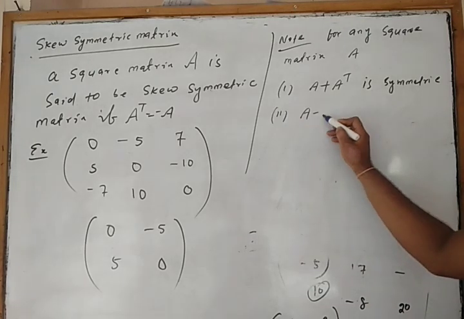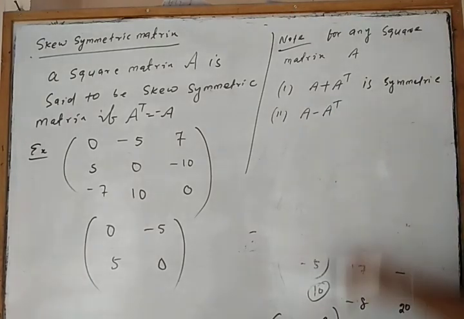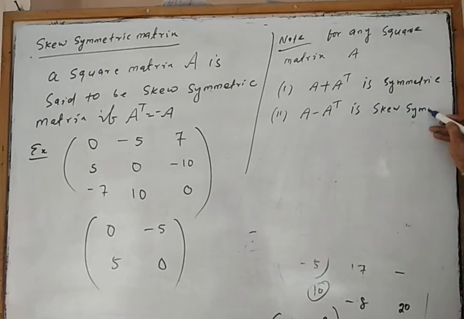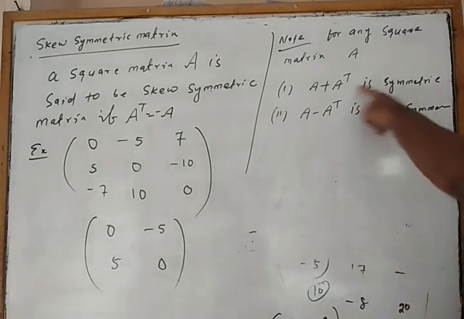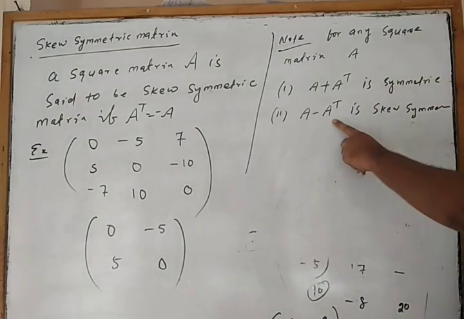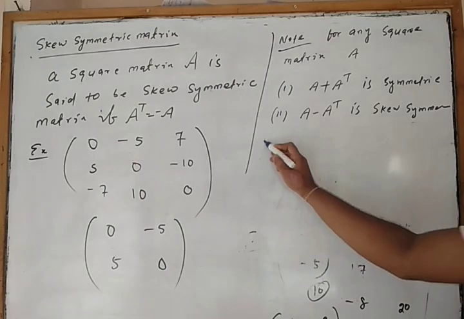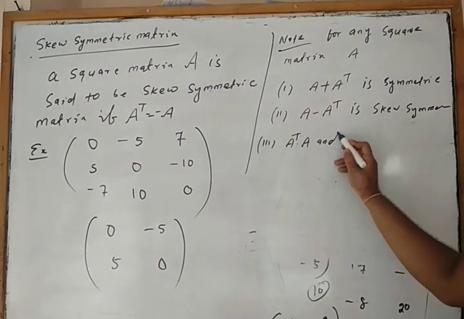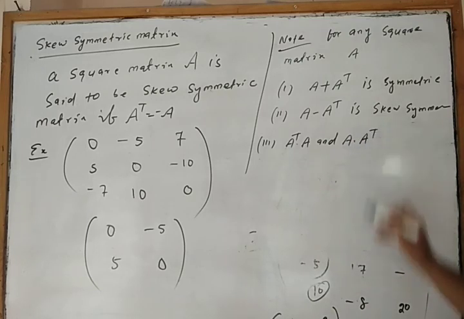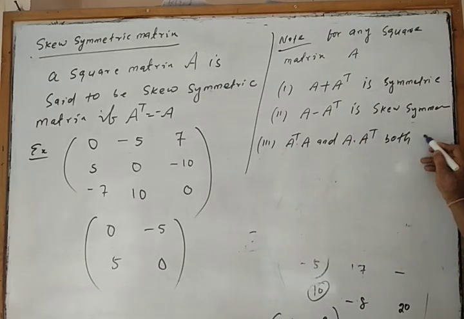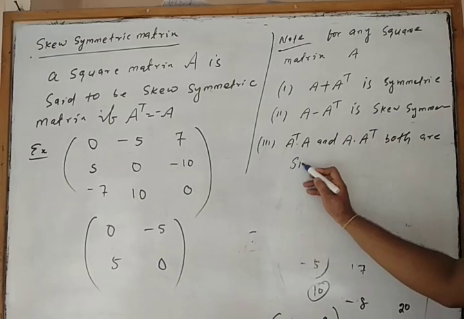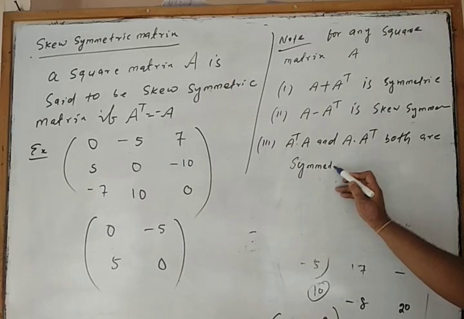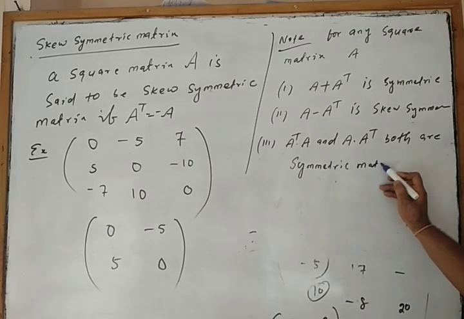Number 2, A minus A transpose is a skew symmetric matrix. Remember this one. And the third one is A transpose into A and A into A transpose, both are symmetric matrices.